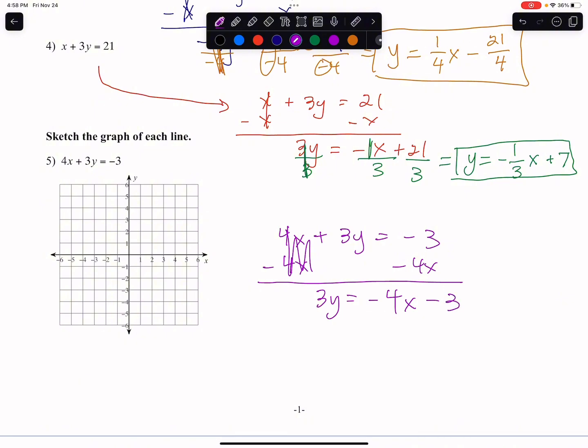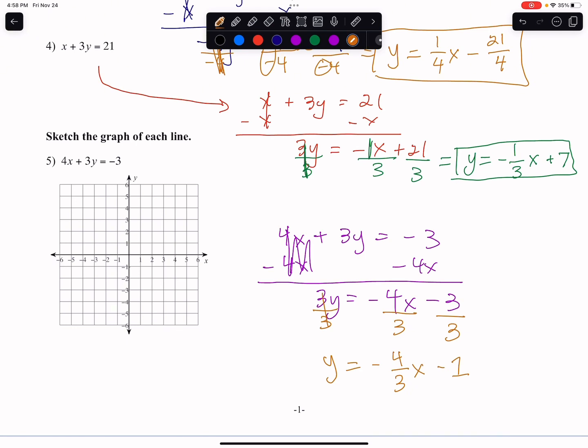We can't graph it yet. There's something attached to that y, and y wants to be isolated. So we're going to divide everything by 3. I'm left with y equals negative 4/3 x, because we can't reduce that, but negative 3 divided by a positive 3 is negative 1.